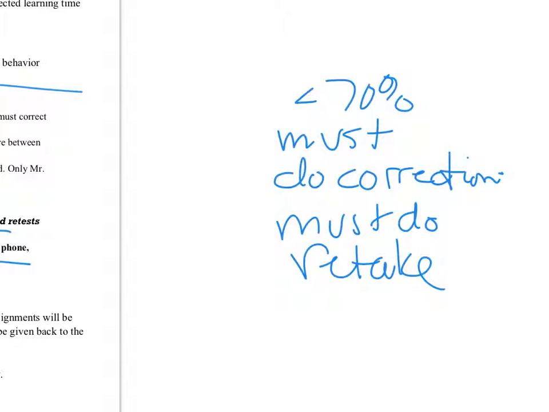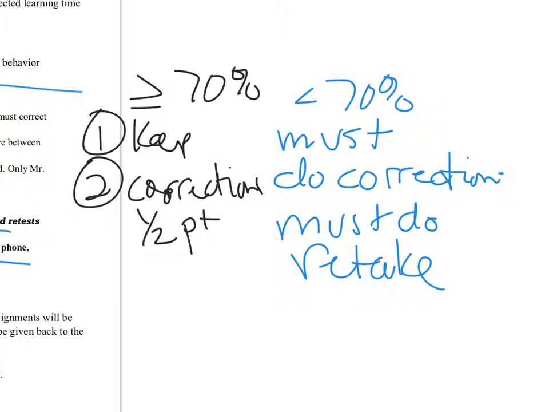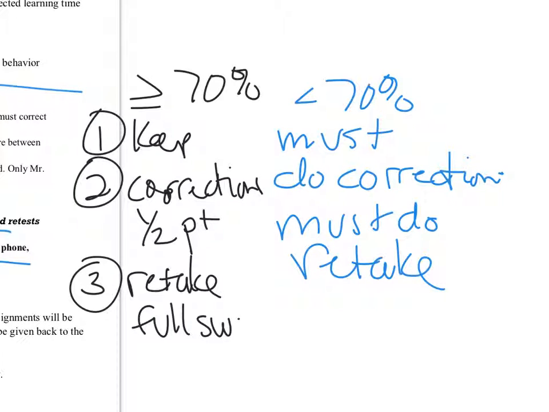If you get greater than or equal to 70%, then you can keep it. You can do corrections, and you get a half point back. Or you can do a retake and full swap score.